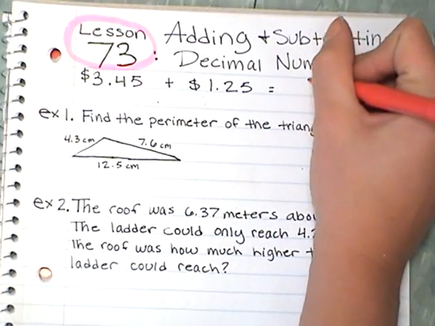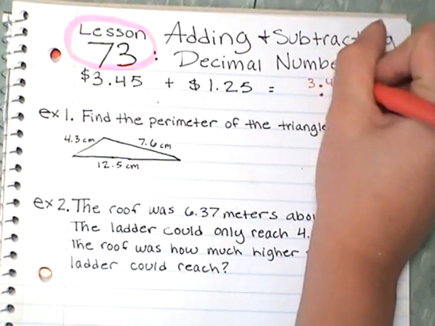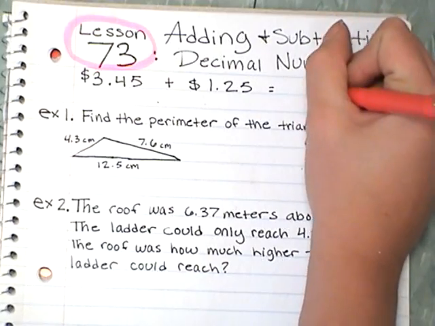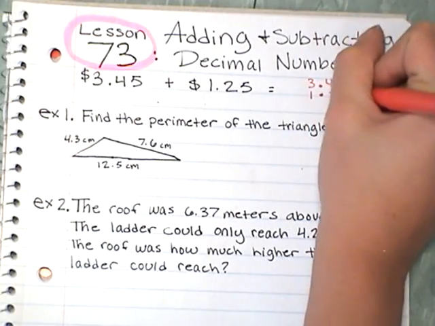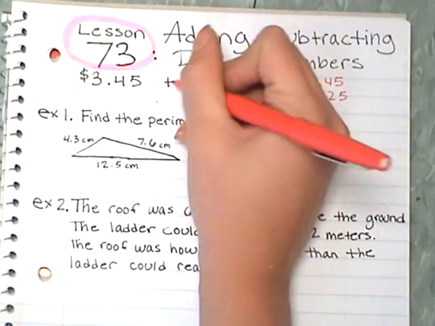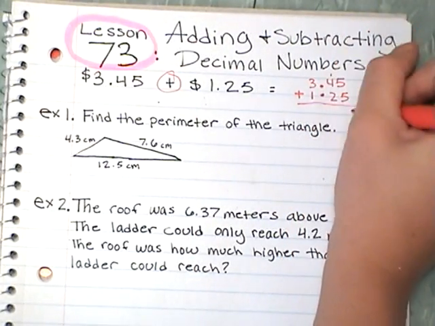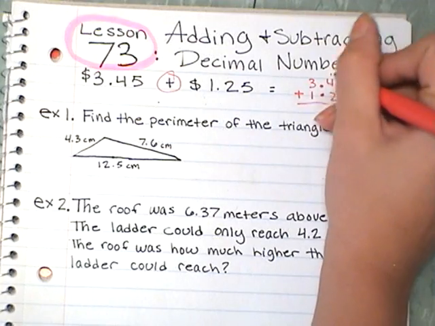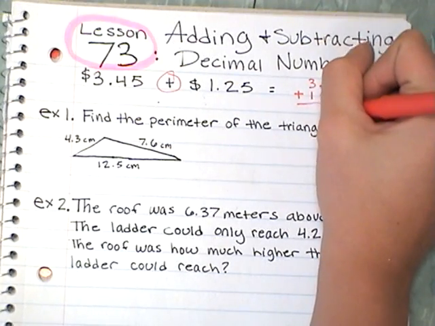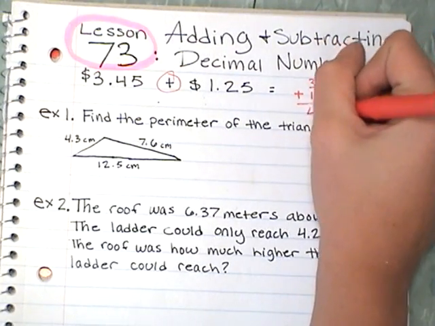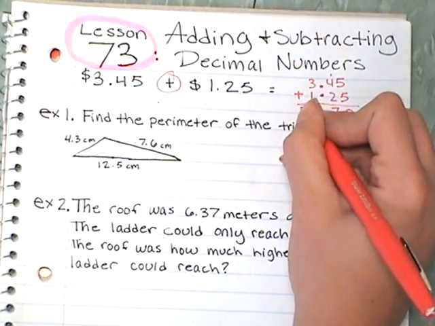And then I have my $3.45 and my $1.25. Okay, and I'm adding, make sure you remember, 5 plus 5, 10, 4, 5, 6, 7. Bring down my decimal point, 3, 4. And don't forget my label, dollar signs.